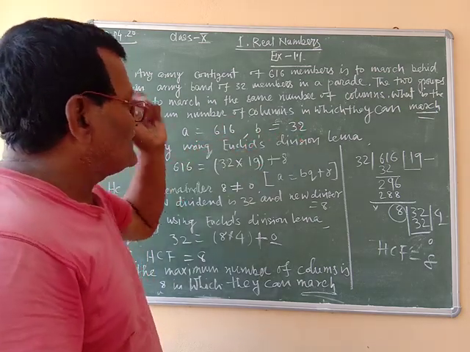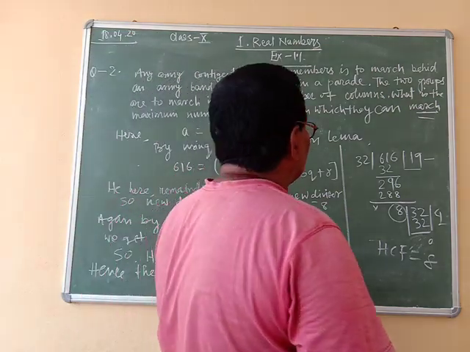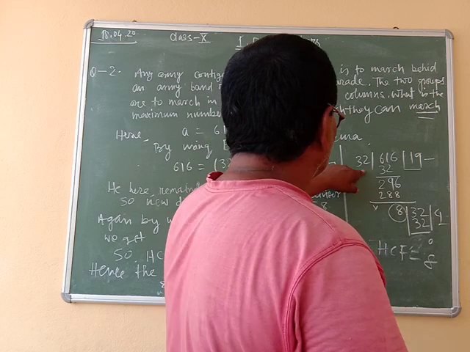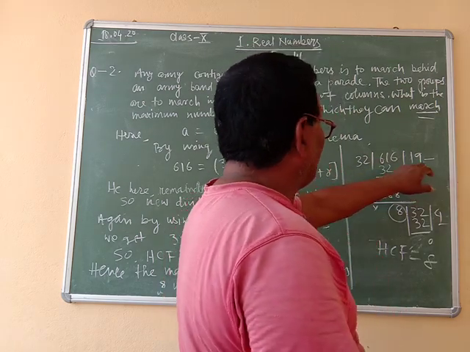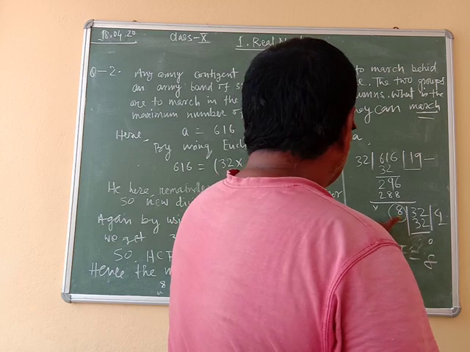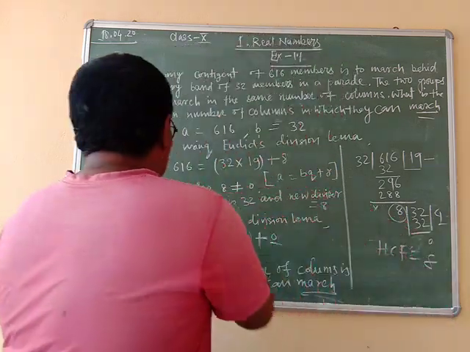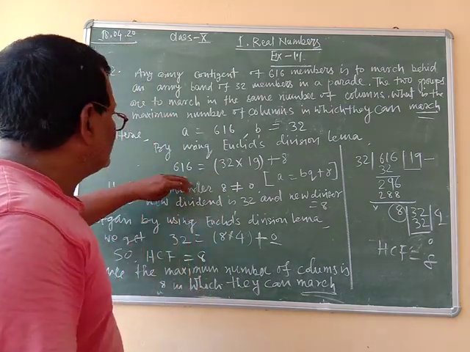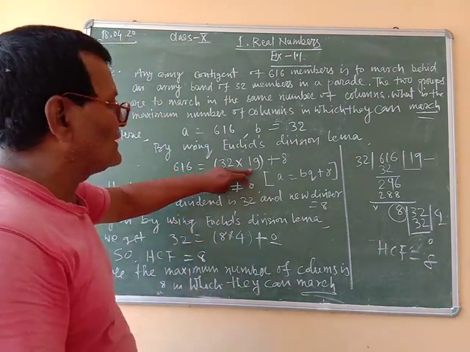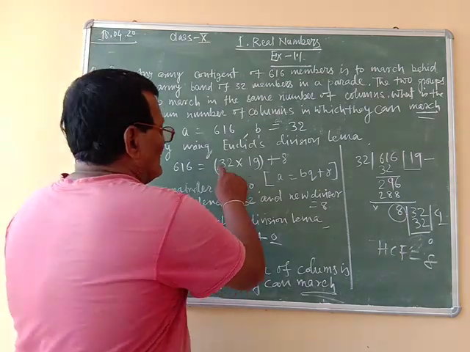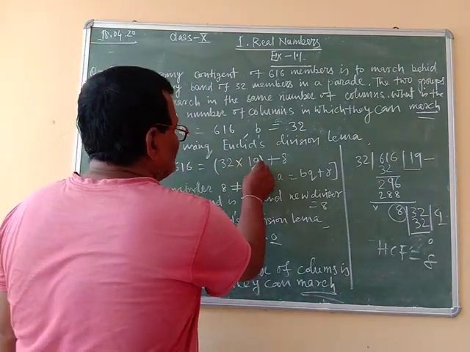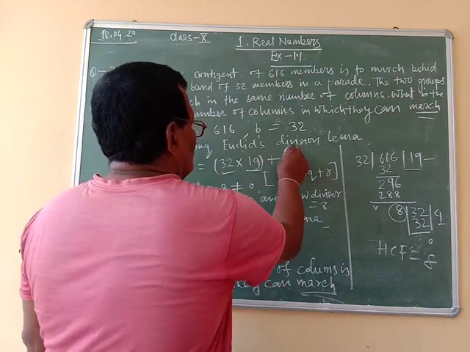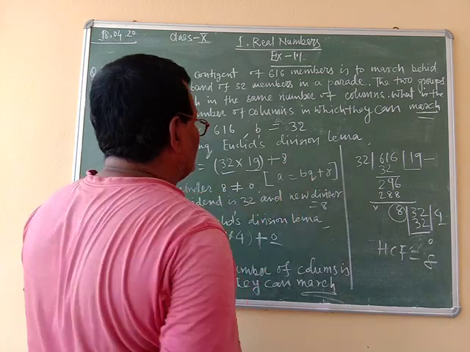We see that dividing 616 by 32, we get quotient as 19 and 8 as remainder. So by Euclid's division lemma we write 616 equals 32 into 19 plus R, where R is equal to 8 because remainder is 8.